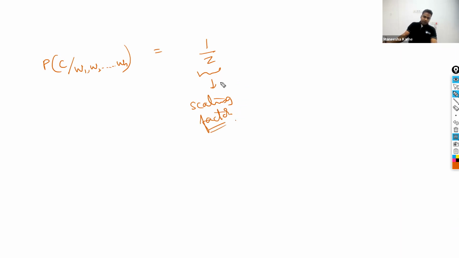Probability of belonging to a class given the various words, word 1, word 2, so on and so forth, is given as 1 by z, and this 1 by z is called a scaling factor. This scaling factor will convert the results that you get into probabilities.